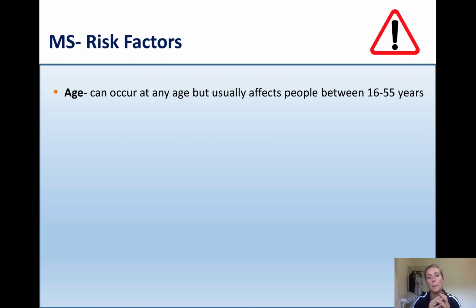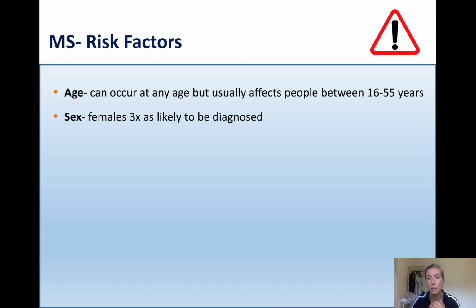So not so much youth, and not so much the elderly, post 65 years plus, which we see with a lot of our other conditions. As you'll see with a lot of these risk factors, they're less modifiable, with less lifestyle modification compared to a lot of other conditions that we talk about. This can often be the case with our neuromuscular conditions.